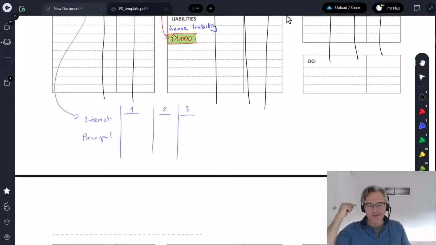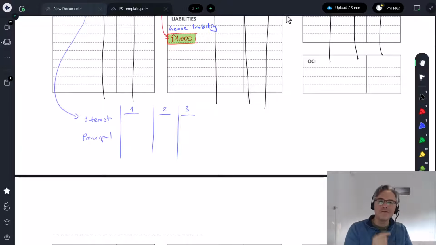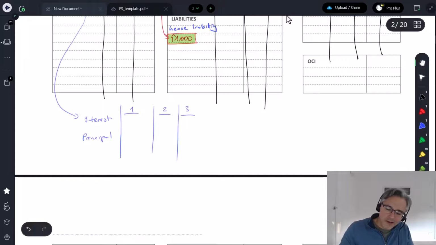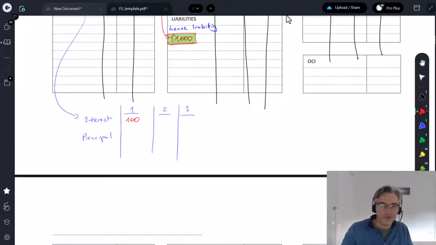And I'm specifically using the rate which I told you to discount with. That's why I chose 10%, because it's easier to compute without looking at the calculator all the time.